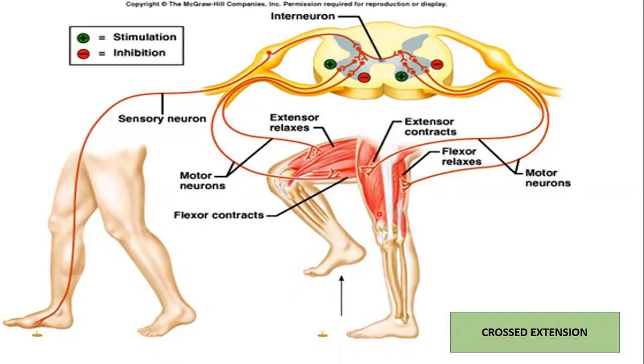So these extensor muscles over here, you see, they are inhibited, and here the flexors are contracted. So the important thing you need to remember is that in the cross extension, the flexor muscles contract and extensor muscles usually inhibit. Okay. This is what we need to remember.